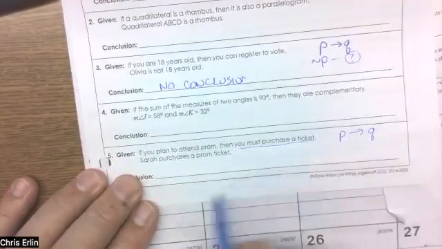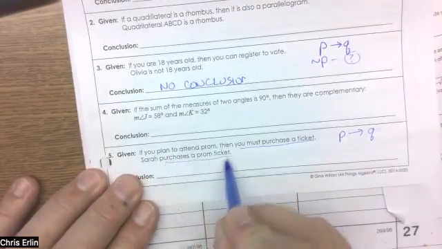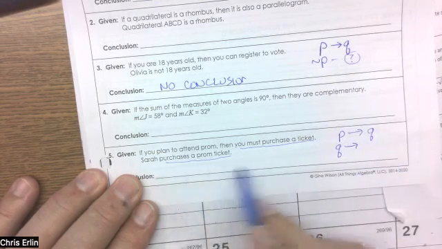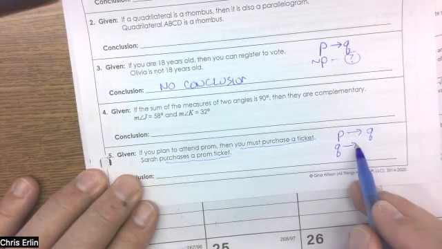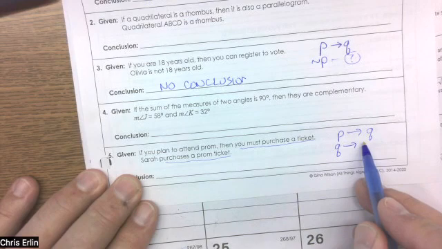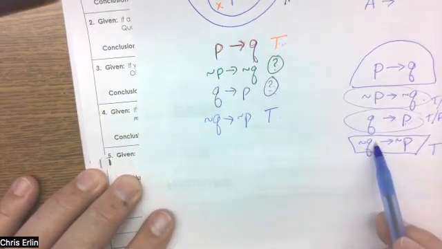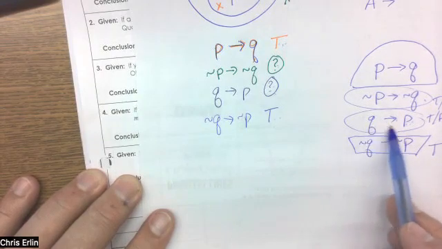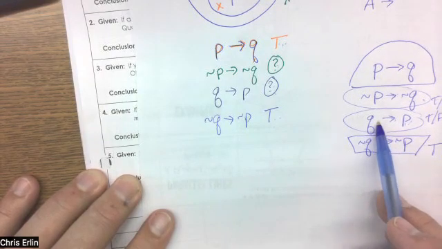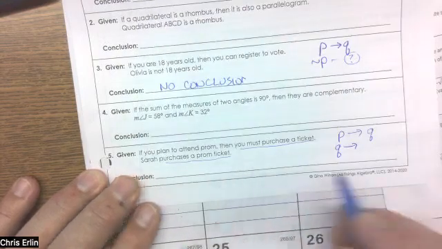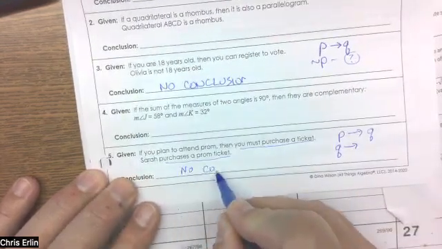You purchase a ticket is Q. Sarah purchases a ticket. So we're starting off with Q and we're trying to decide, does that let me make a conclusion? Can I go from there to some conclusion? Let's see. Look at your hamburger. Which one starts with Q? Mystery meat, right? This is not reliable bun. This is mystery meat. Since it's mystery meat, I cannot make any conclusion.